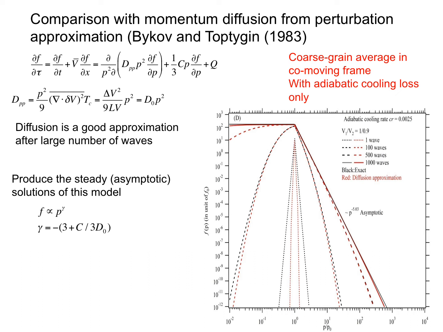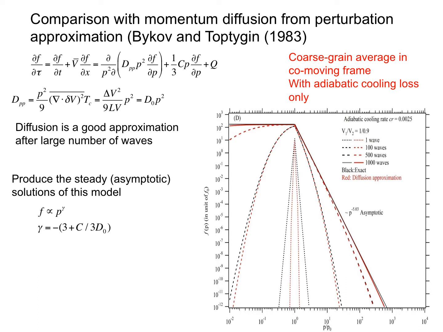Acceleration by random plasma compression and decompression can be treated perturbatively, and the final behavior of particle acceleration is equivalent to particle diffusion in momentum space. If the turbulence is well developed, the diffusion coefficient by compressible turbulence should be proportional to p squared.